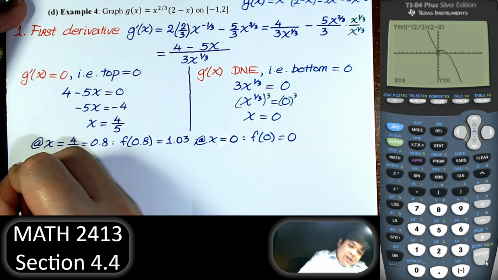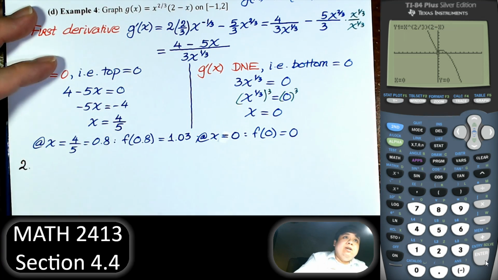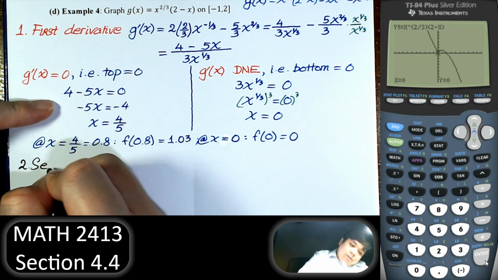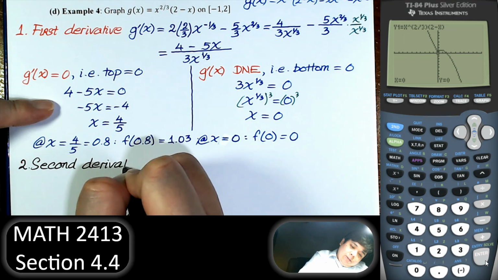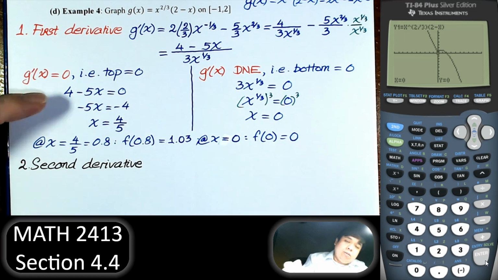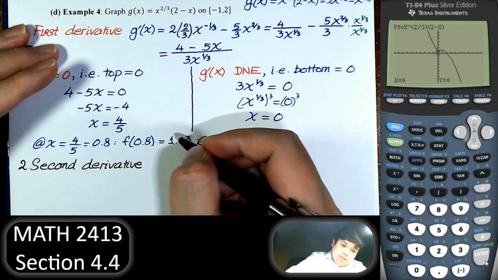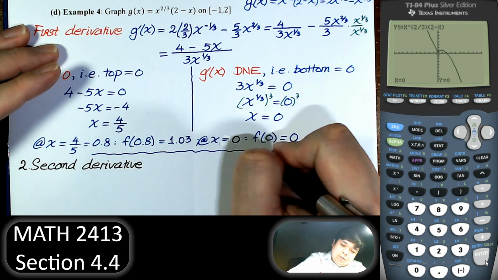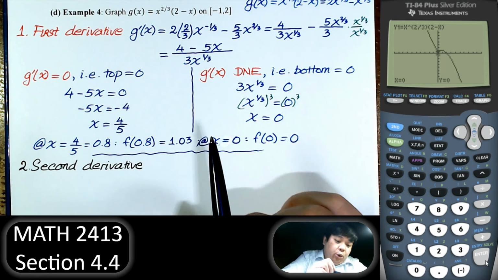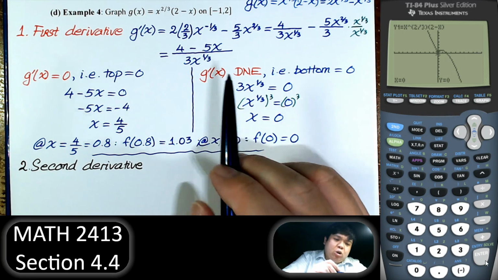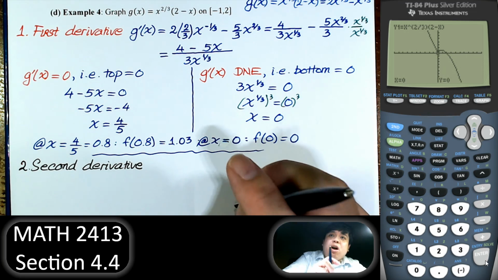Now the second derivative. We have the first derivative, any of those forms will do, then we take the derivative. Of course we can use the quotient rule, but that looks complicated.